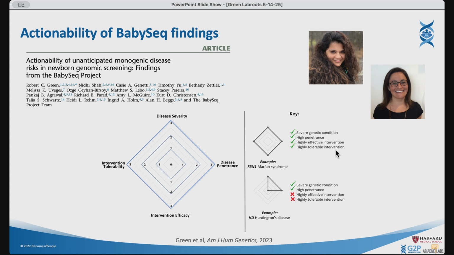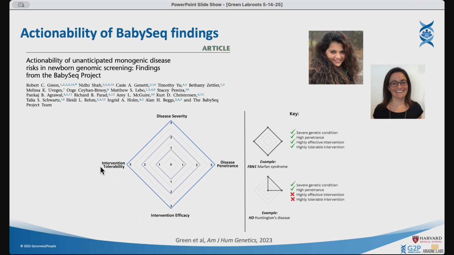The surgery itself might be tough, but the echocardiogram that is needed for the surveillance is pretty easy. Whereas in Huntington's syndrome, down here on the bottom, severe condition, high penetrance, but no real effective intervention. And of course, if there's no intervention, it's not tolerable. So look for a perfect diamond shape if we think it's really actionable, and then look for some other shape less than a perfect diamond, or even this triangle upper right hand if we think it's not at all actionable.